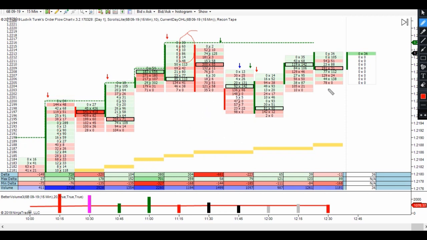The second thing, you'll be looking for absorption. Are we in an area where buyers are being absorbed by the sellers? For example, in this trade here, we come to an area where we had more buying, but price didn't go anywhere. But this is because this was a stop hunt, a triggering of stops.